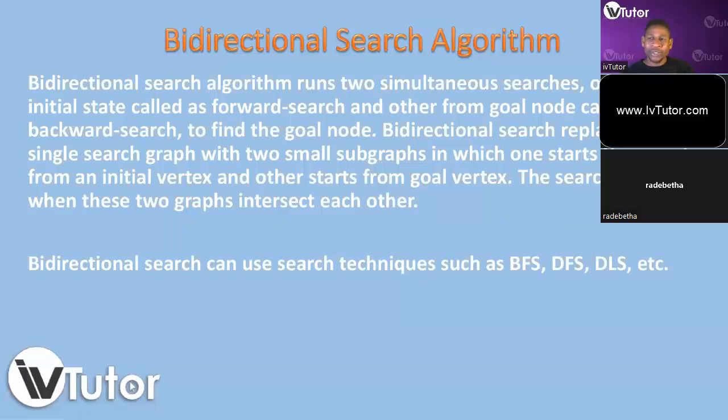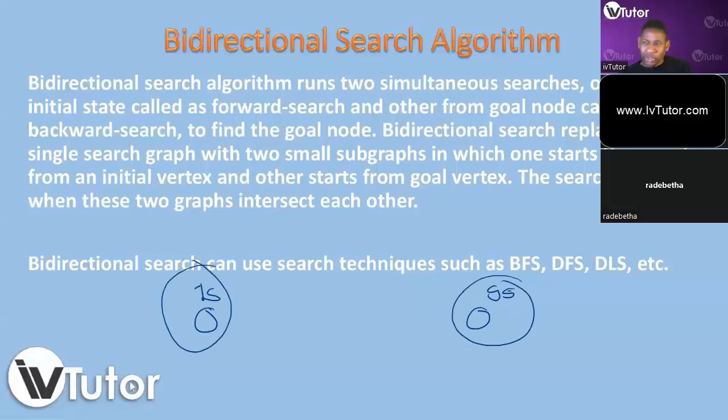So bi-directional search, we're saying you have a search strategy, you are starting at the same time from the initial state and from the goal state. So this one requires that you already know the goal state first so that you can start from there. So one is starting from here and the other is starting from there, and they're going to meet likely at the middle. And then once they meet, you can stop the search.